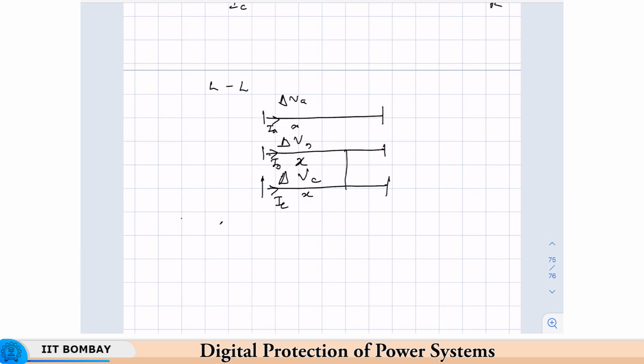Now, if the voltage at this fault point here is VF, some VF, then we have 3 equations but 4 unknowns. So, it would not be possible to directly solve.